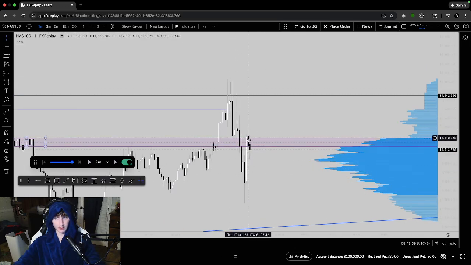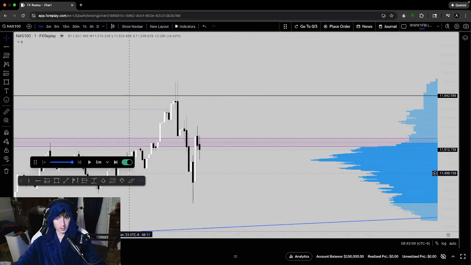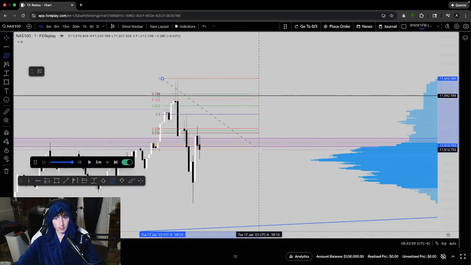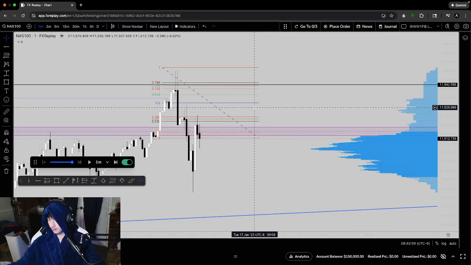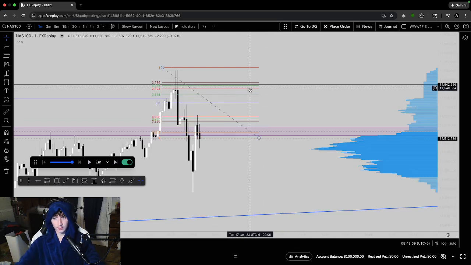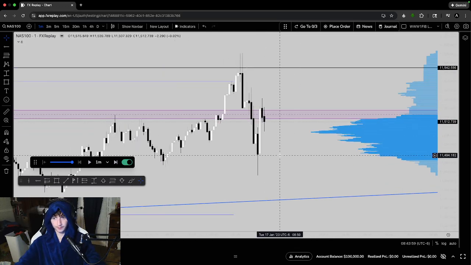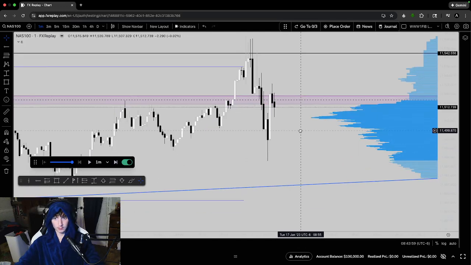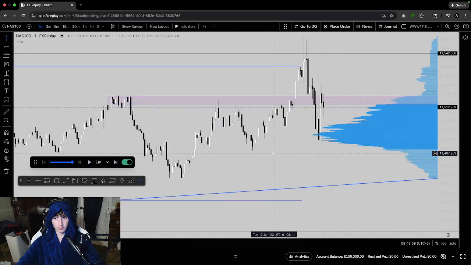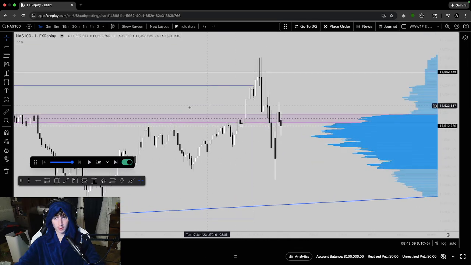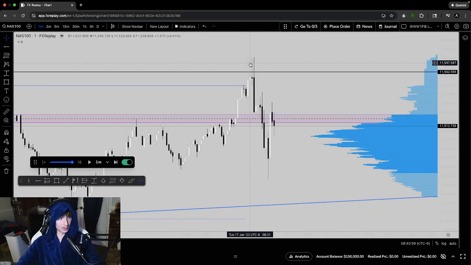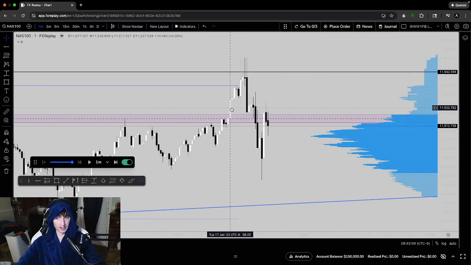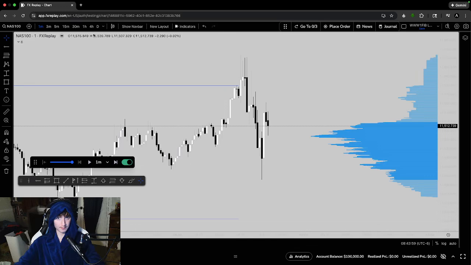We hit it and bounce all the way back up. 30 more minutes of backtesting. I would have taken a short position here if there was a 1 minute gap inverse, but there was not.